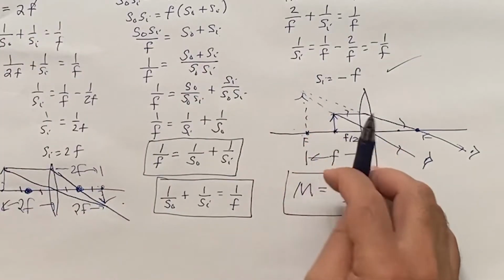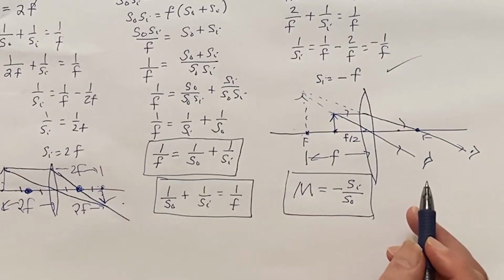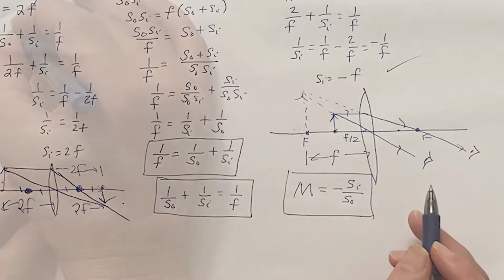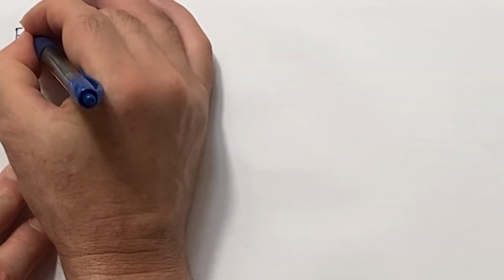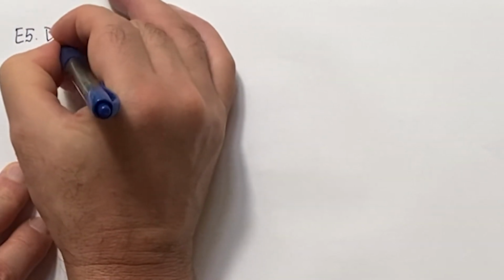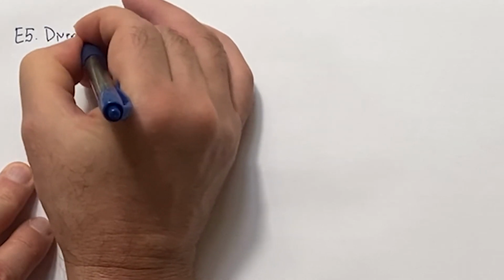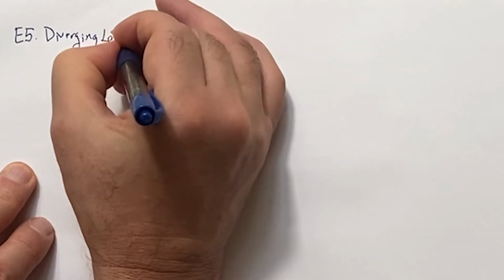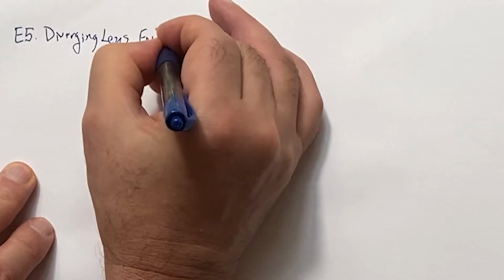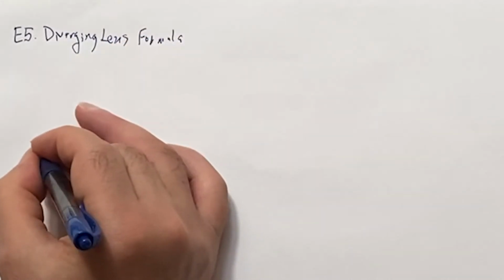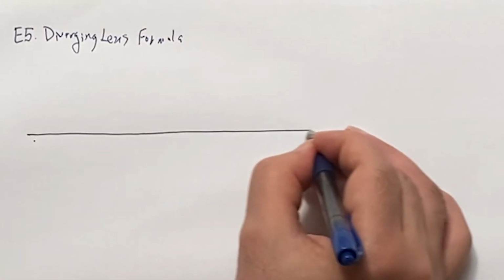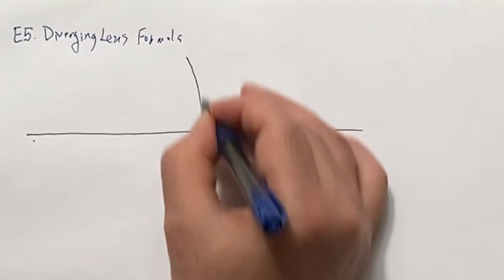What I would like to do next is the diverging lens formula. Okay, we're doing E5 here, and that's going to be the diverging lens formula. So we're going to look at a diverging lens here.